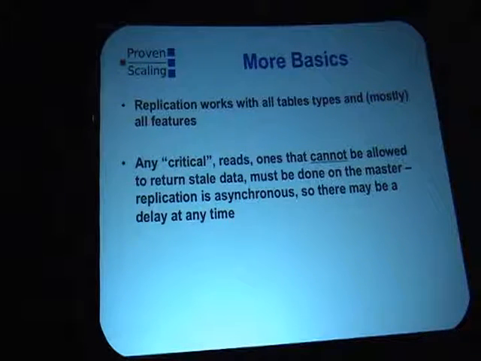So anything like that would have to be done on the master. Anything where you just need the authoritative source has to be done on the master. Anything where you need to depend on the database doing any sort of row-level locking has to be done on the master. Because certainly there's row-level locking happening on the slaves, but you're not blocking any writes other than the ones coming from replication, so you're not really buying it. So critical stuff must be done on the master.